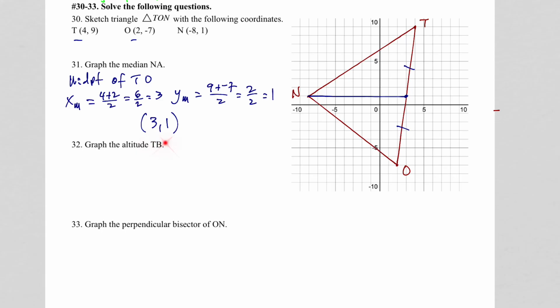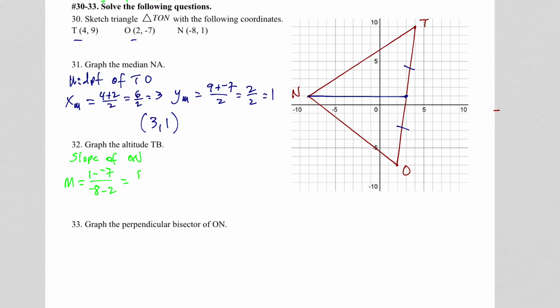Okay, to do the altitude TB, coming from T, we have to hit this line at a right angle. So we need to know the slope of this line. So slope of ON. So the slope is the difference of the y's, 1 minus negative 7, over the difference of the x's, negative 8 minus 2.